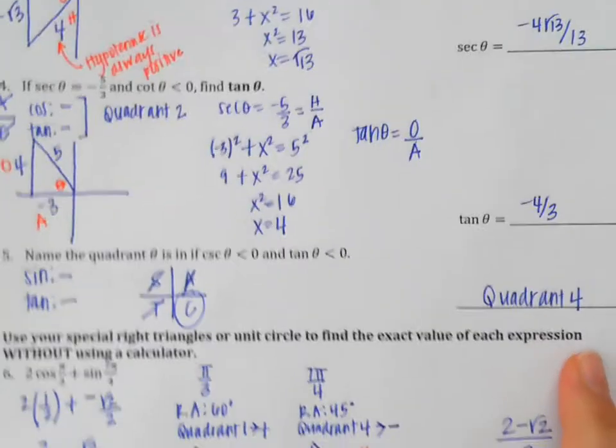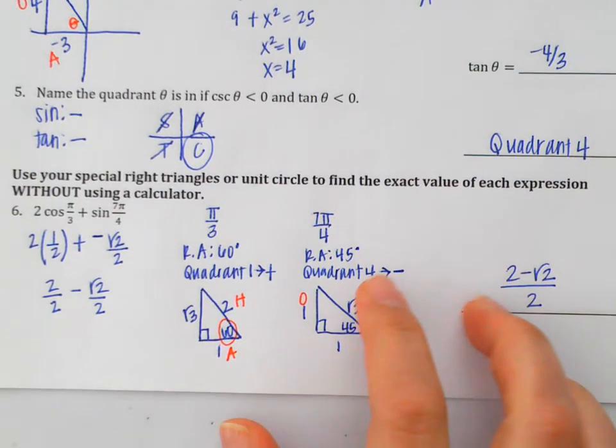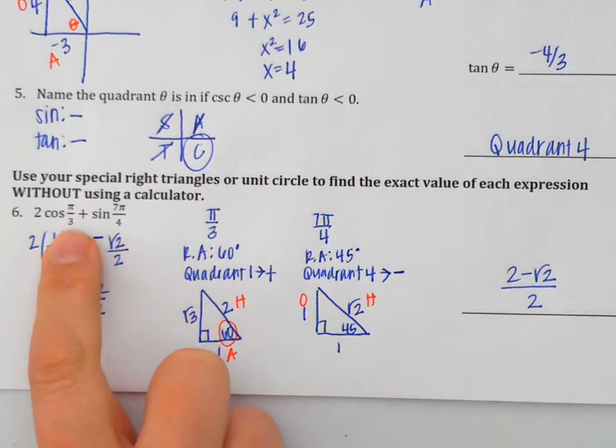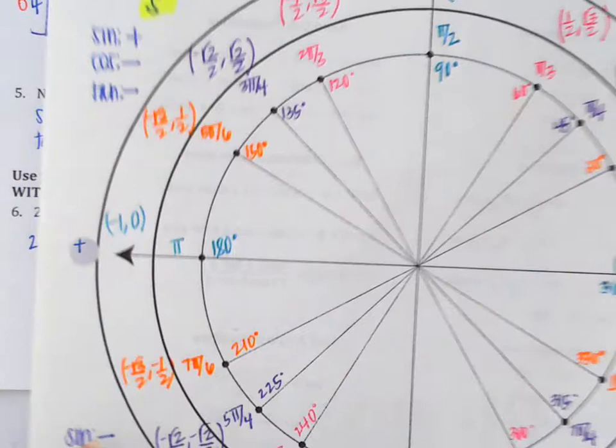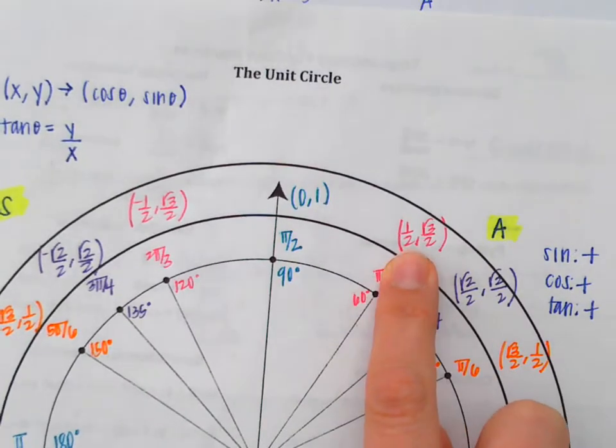Okay, so 10 pi over 3. Oh, you know what? I realized I didn't show you with number 6 how to do it using the unit circle. My apologies. If I were using the unit circle, I would go onto the unit circle to pi over 3, where cosine is my x value, so it's 1/2.